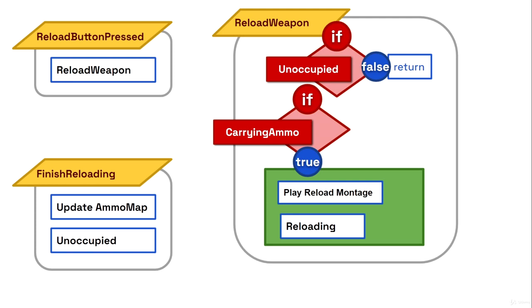That can perform all the actions we need when it comes to updating our ammo counts in our ammo map, and also set our state back to unoccupied so we can fire the weapon again. So these are the three functions that we need to create. Let's go ahead and get started creating these functions.